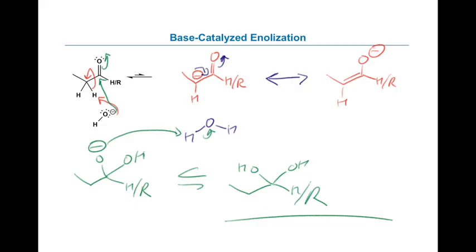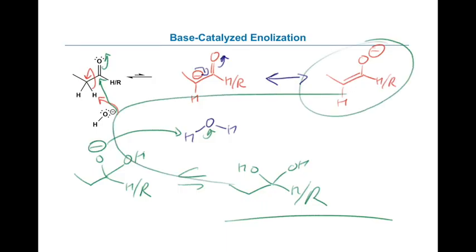This is a trap. Basically, some of your stuff could be stuck down this hole. You could form this, but if you wait on time, it will still reverse. With a strong enough base and a strong enough system, eventually all of this will drop over here, and you will still end up with protonation. Bloop, bloop. I'm going to grab that proton to make my enol geometry.